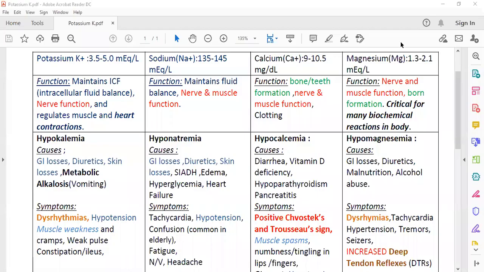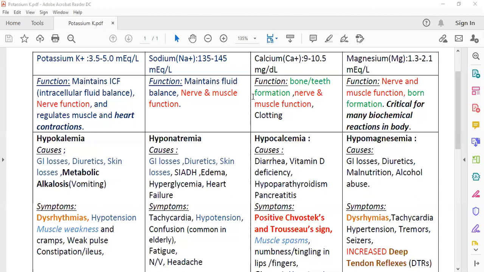We are going to discuss the signs and symptoms of abnormal electrolyte values, and also focus on the nursing interventions. In this picture, you can see all the electrolytes together.